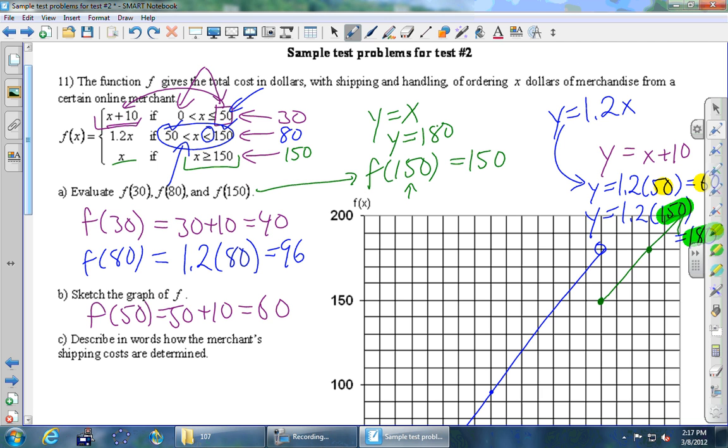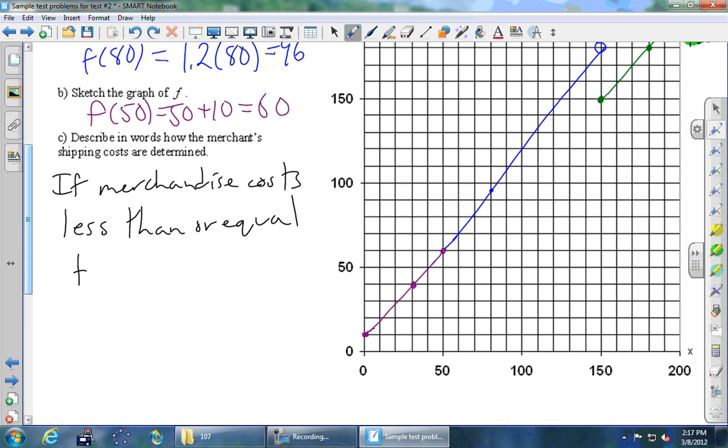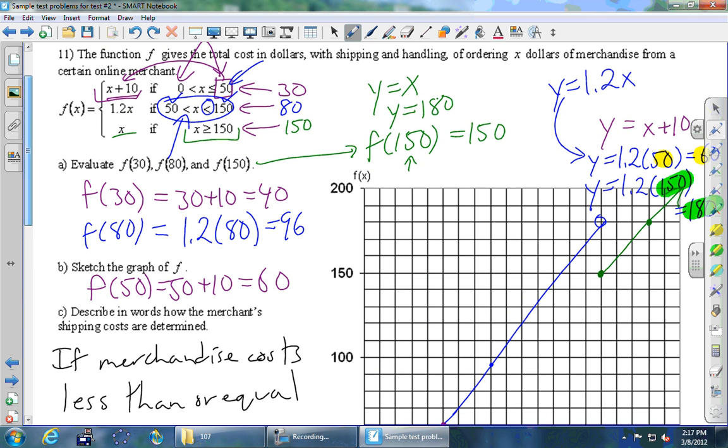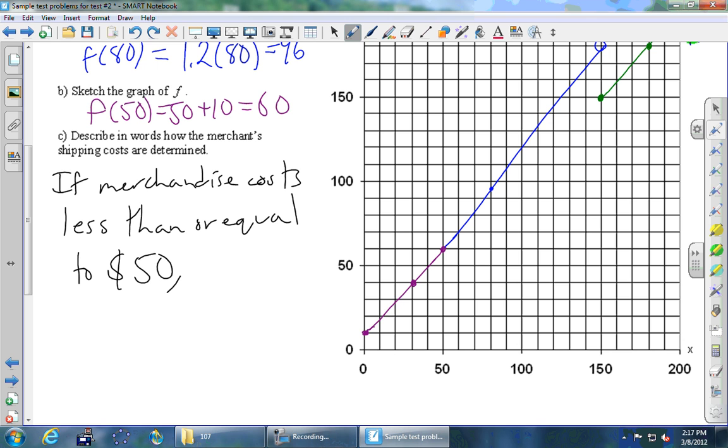Okay, so if the merchandise costs less than or equal to $50, then something happens. The rule here is x plus 10. You take x, that was the cost of the actual merchandise, and you add 10. What is that plus 10? That plus 10 must be the shipping and handling.